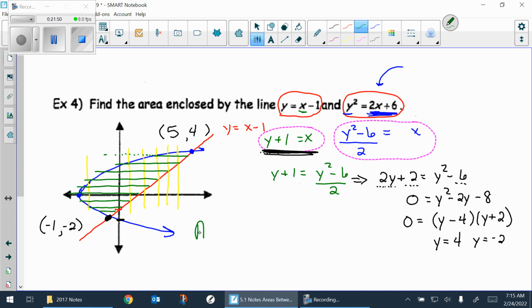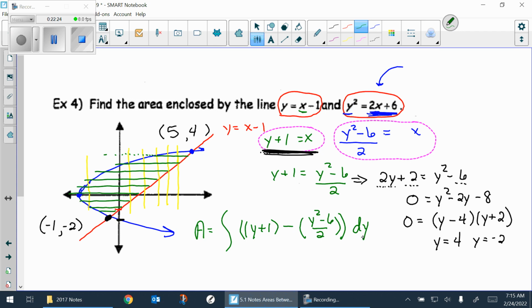So the area between these functions is the integral. Now, big function is red, and red was the line, y plus 1, minus the smaller function, which is located to the left, y squared minus 6 over 2. I would need a dy to write this appropriately.